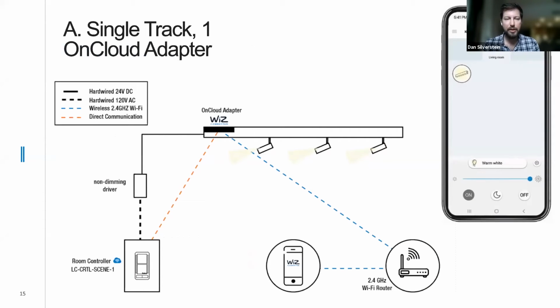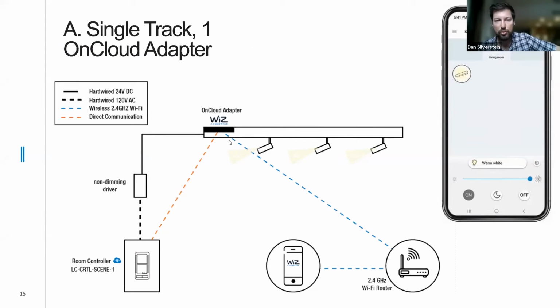So what we have going on here is a regular run of KLICK connected to what's our non-dimming driver. Now, the reason it's a non-dimming driver isn't because we don't have a dimmable system, but we want to supply constant 24-volt DC power to the actual track.